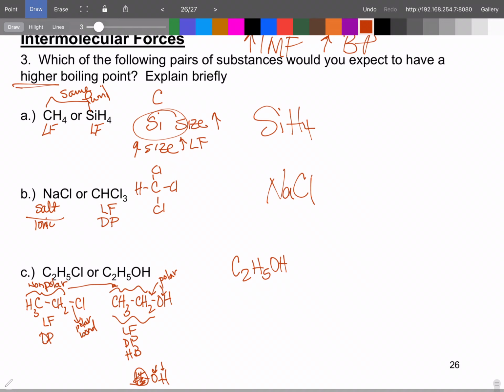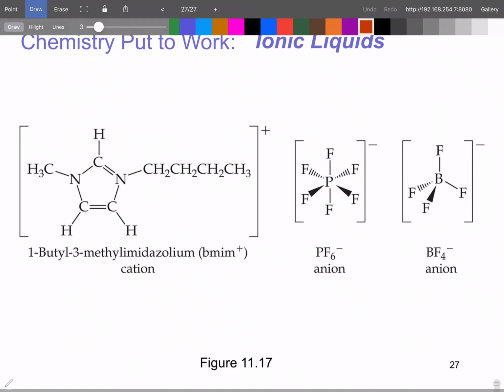Okay, last slide is one of those little lanyard things, and this has to do with ionic liquids. And this is actually a very important property because what you're doing is you're forming a, here especially, this is an organic molecule which is not soluble in water, but you're protonating it so that it becomes a salt.